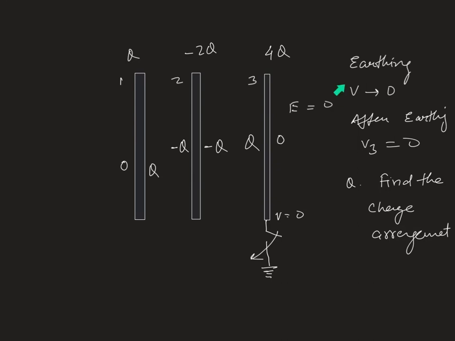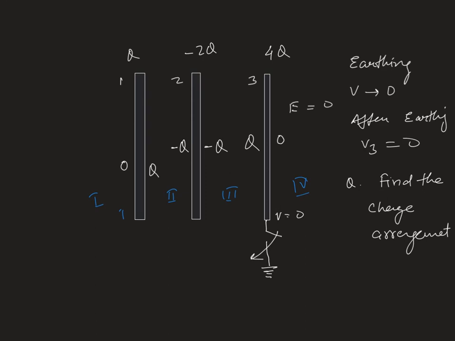Now how does this ensure that the field in this region is 0? There is a very easy way to understand that. Let me draw the regions. This is region 1, this is region 2, this is region 3, this is region 4.